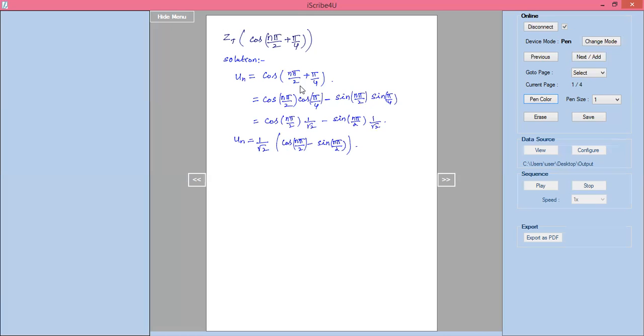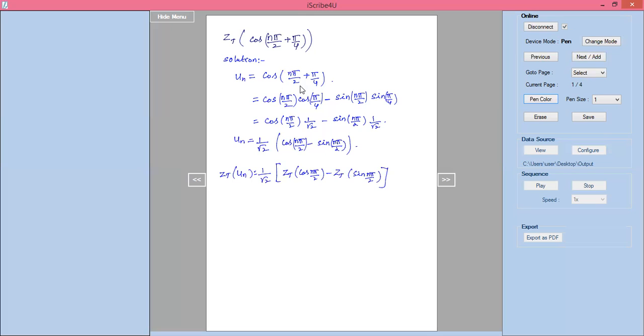Now I'll apply the Z transform for this. Z transform of u n equals 1 by root 2 into the Z transform of cos n pi by 2 minus the Z transform of sin n pi by 2.